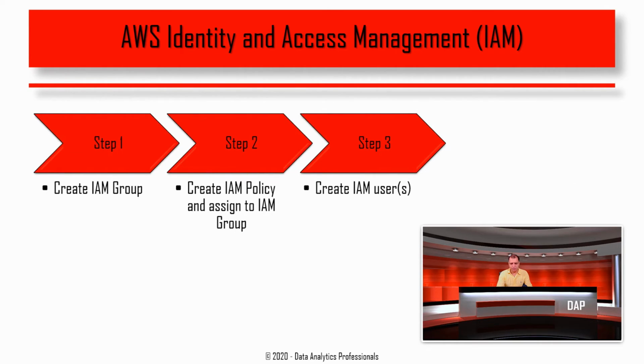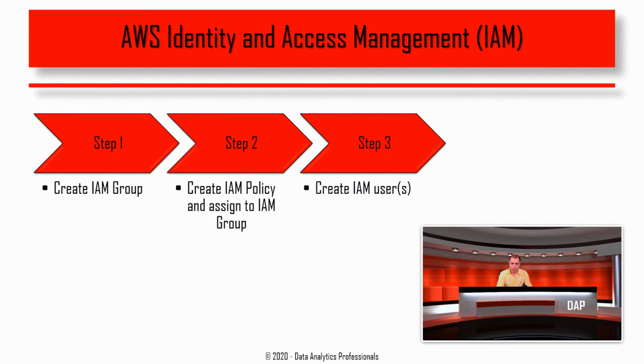Now, this could be different, but generally, step number one is to create an IAM group, and then step number two is to create an IAM policy and assign it to the IAM group. Or you can attach the default, built-in policies from the policy section to the group, and then create a user. I have just shown step one, step two, step three, but these are three important steps.